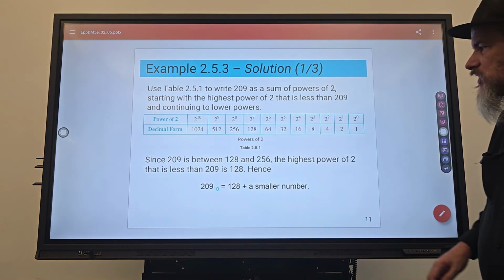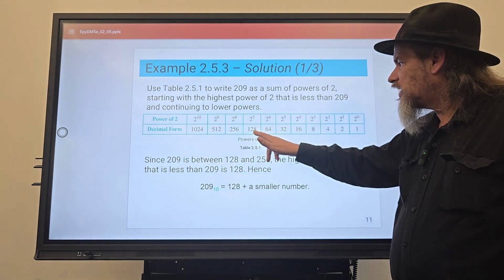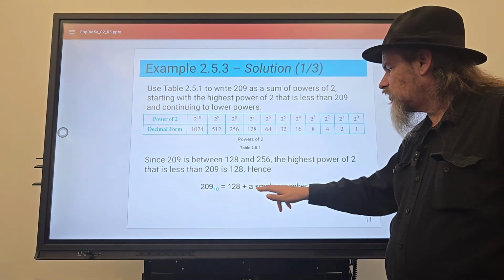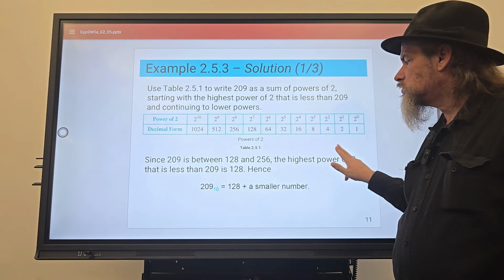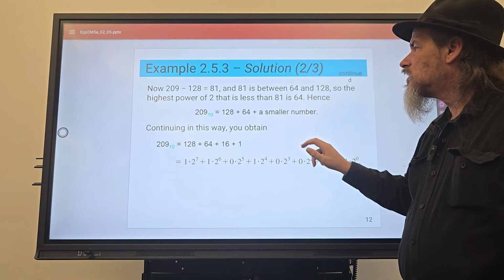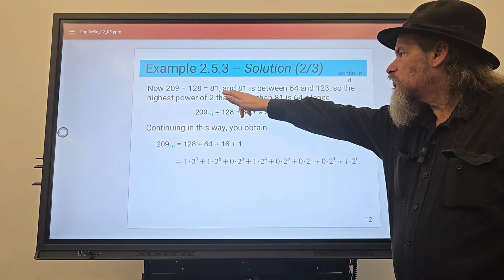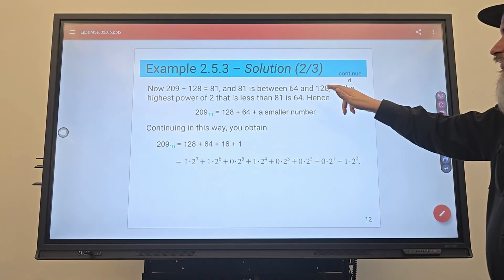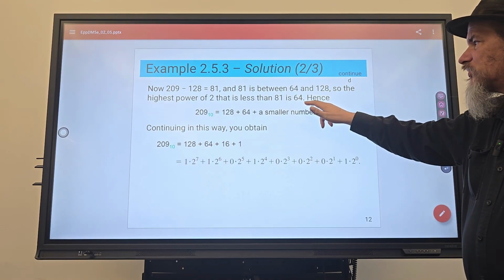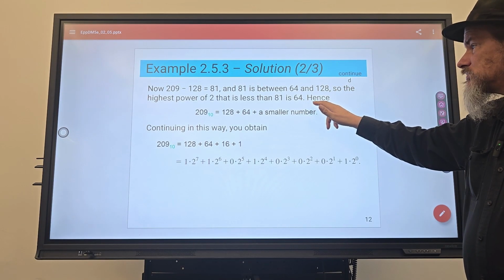So 128 is less than 209, so you would have a 1 in that position. 209 minus 128 is 81, and 81 is between 64 and 128, so the highest power of 2 that is less than 81 is 64.